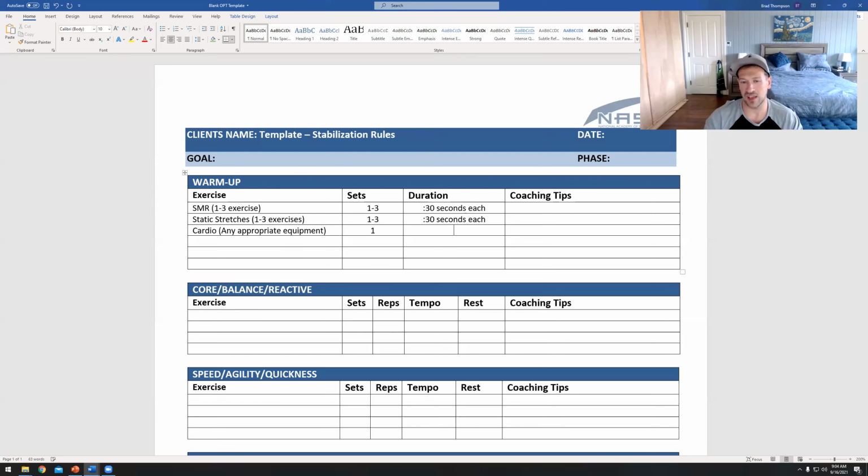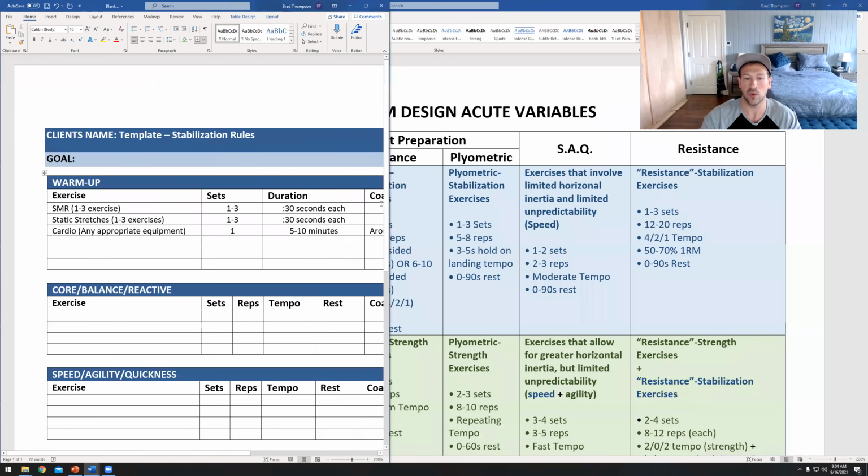Right, and we'll do 1 set of that, and it's anywhere from 5 to 10 minutes, and that's usually around 50% heart rate max for warm-ups. Actually, 50 to 60% is appropriate for warm-ups. You don't actually have to get into zone 1.